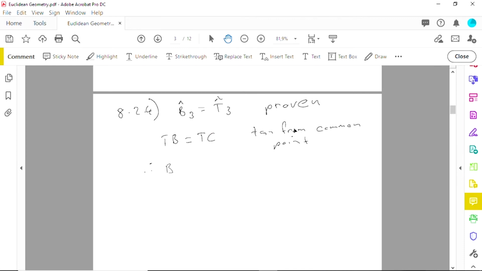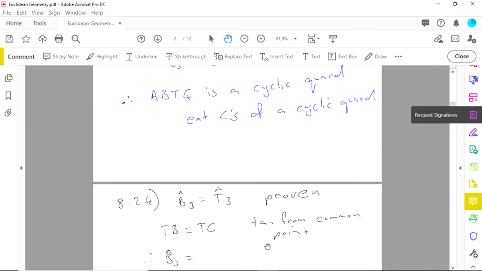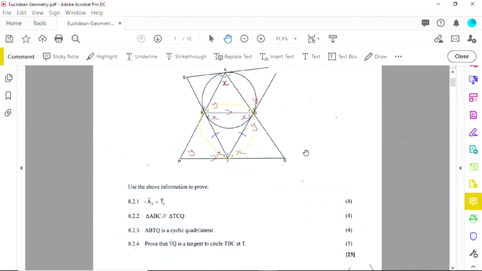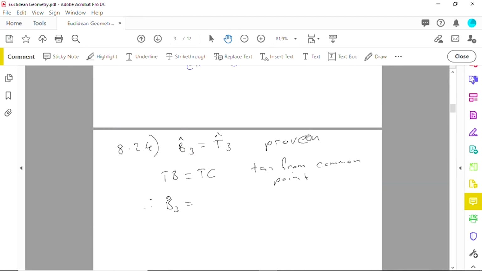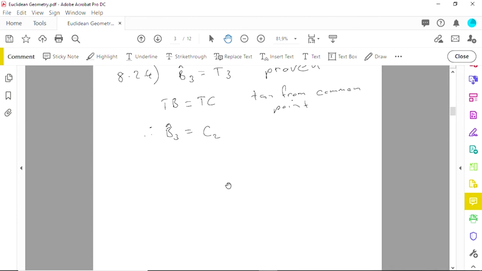Therefore, B3 is equal to C2. Or simply because TB equal to TC, therefore these two are the same.